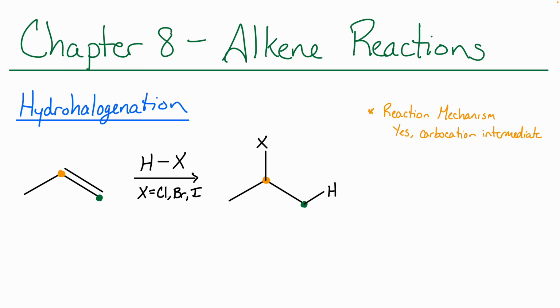That is what we call regioselectivity. And this reaction does indeed have regioselectivity. That's why we put that halogen on our specific carbon. And what did we call this kind of regioselectivity, where it goes on the more substituted carbon? Markovnikov. So we're going to note that this is a Markovnikov reaction.